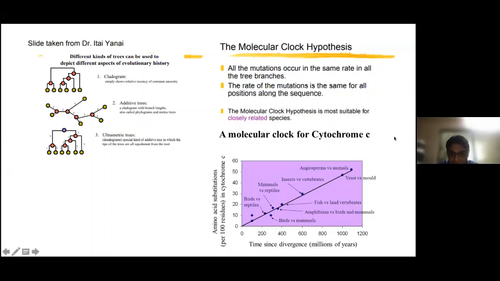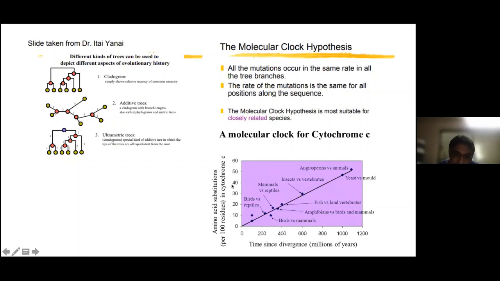Say, for example, here we see the time of divergence in millions of years and the cytochrome C residues in different organisms. For example, around 250 million years for birds versus a reptile. On the x-axis you put the divergence time, because this is known from the fossil records, how many years ago they diverged from each other.